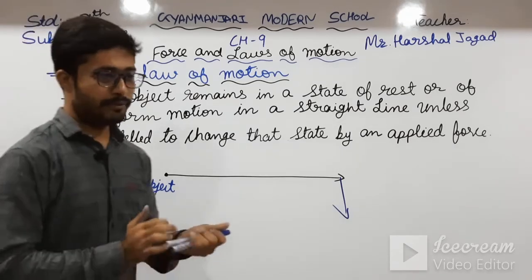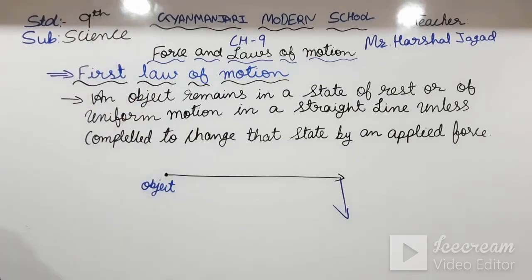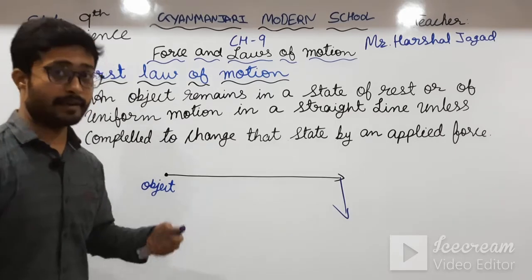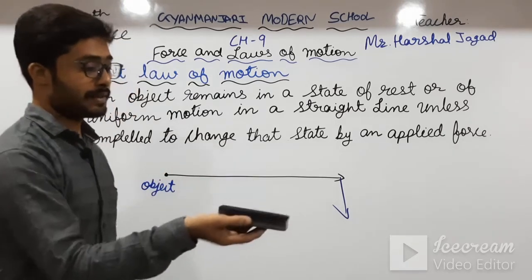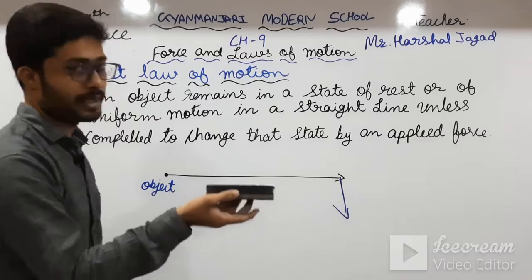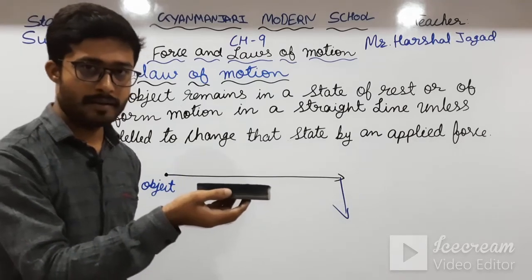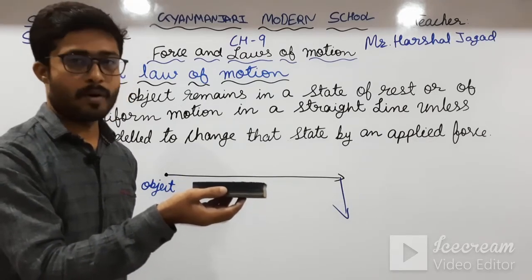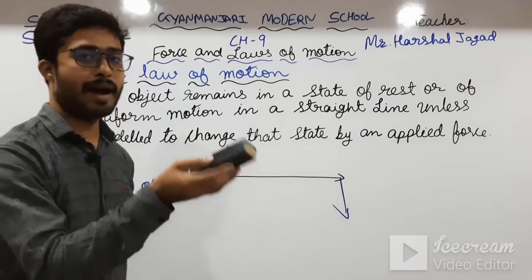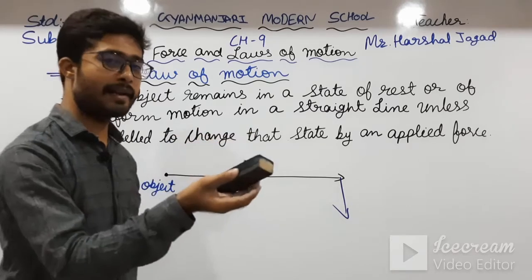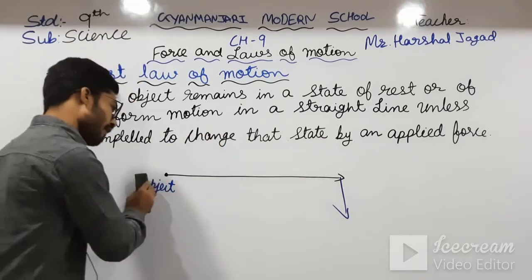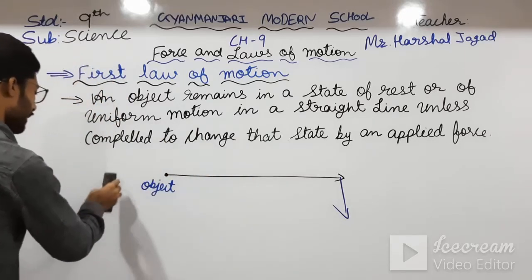Okay students, the example I have given, we will see it again. If I tell this duster, please rub the board, will it rub the board? It will not rub the board. I have to take it in my hand and put it on the board.